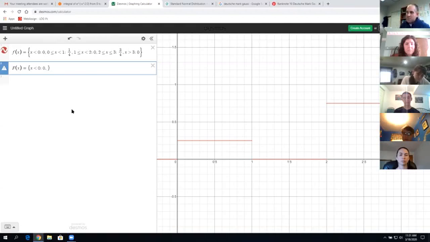What's the antiderivative of 1/4? 1/4 x. Yeah, that's going to work out nice. For 0 equal to or less than x less than 1, 1/4 x.